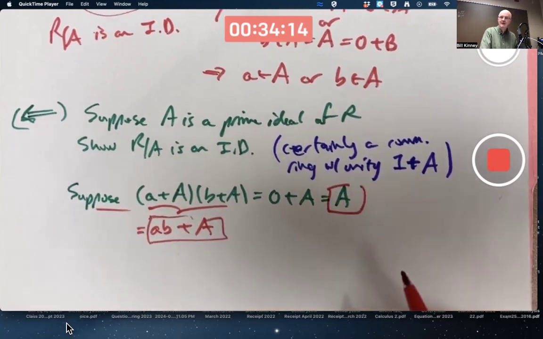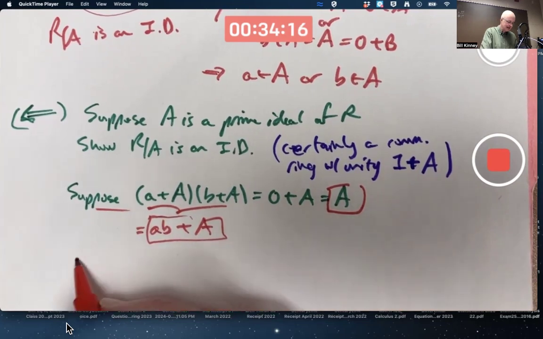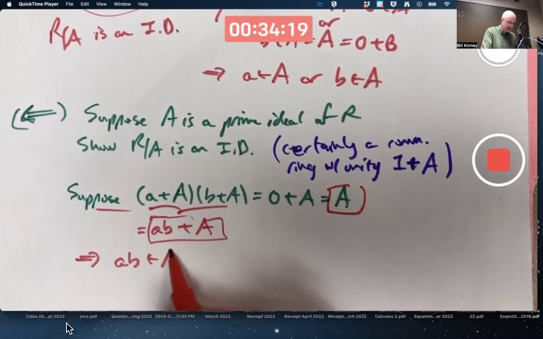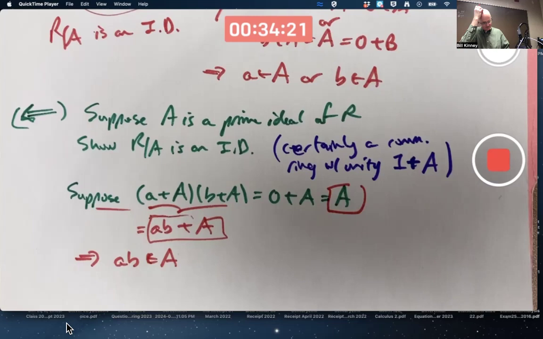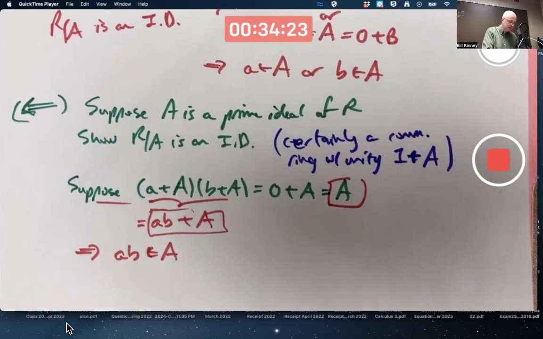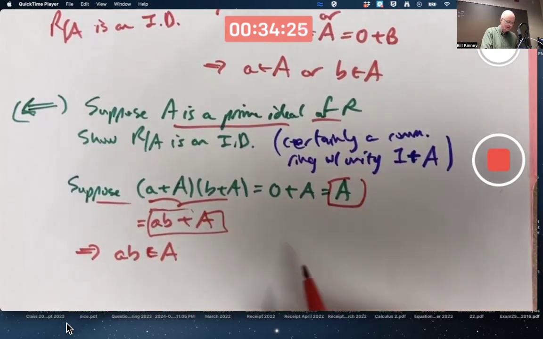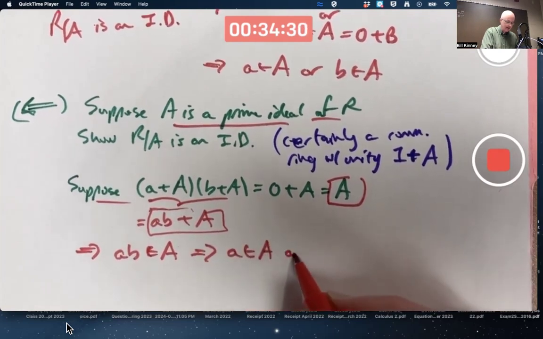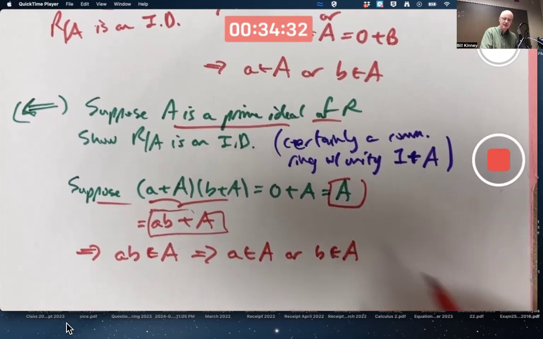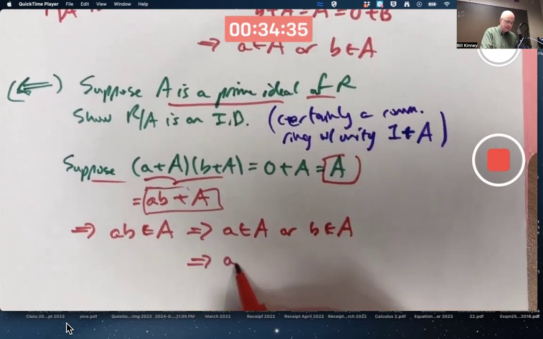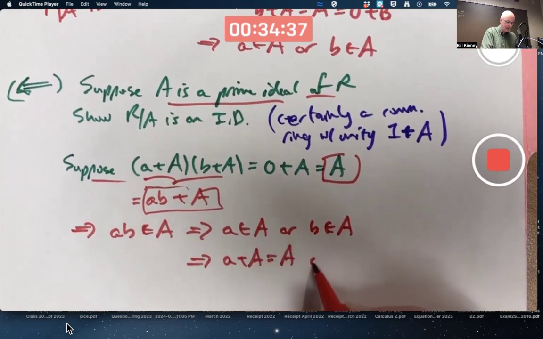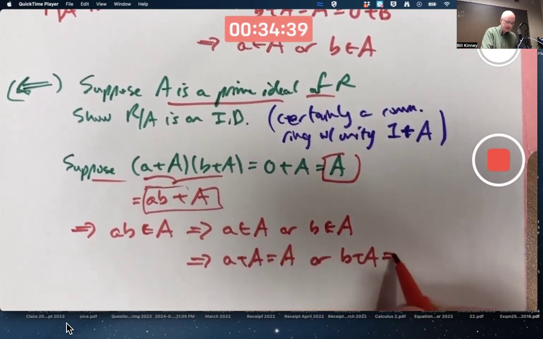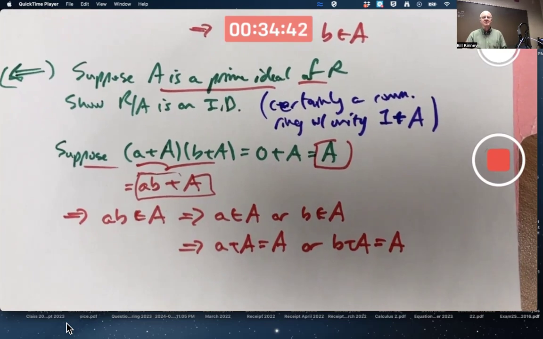It's the trivial coset, which means ab is in capital A. But I'm assuming A is a prime ideal of R. By definition of prime ideal, that means little a is in capital A or little b is in capital A. Which means little a plus capital A is capital A, or little b plus capital A is capital A. One or the other is the zero element of the factor ring, and that means we're done.